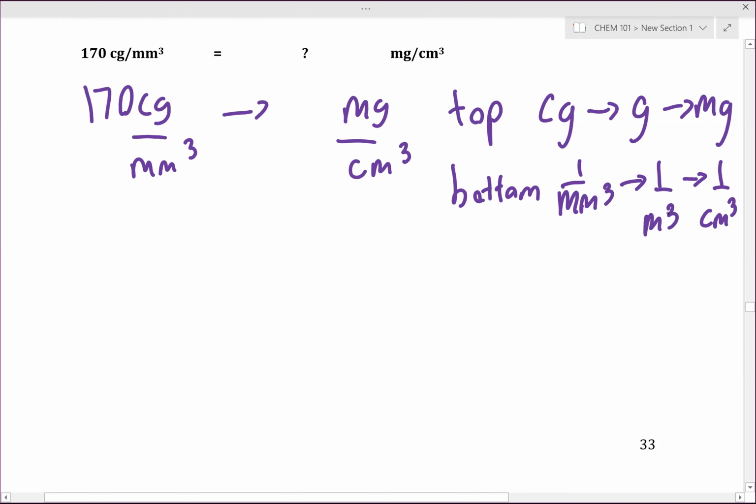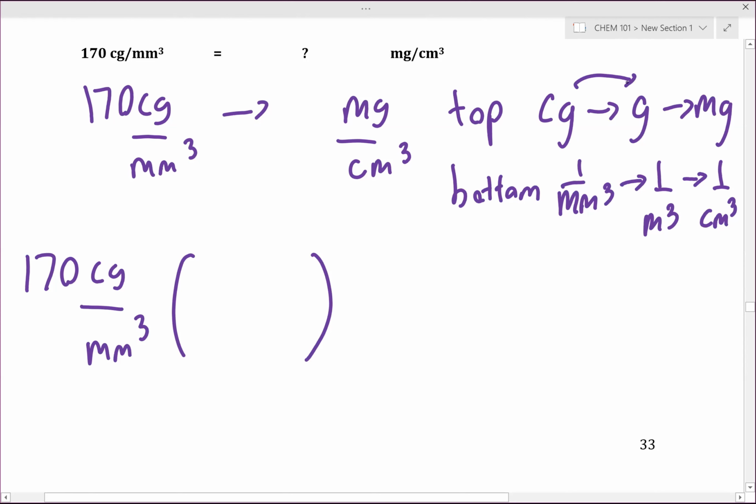Okay, perfect. Now that we have our problem solving map prepared, I'm going to write out my starting value with the units. Okay, now if I want to go from centigram to gram, what units need to be on top? Grams.